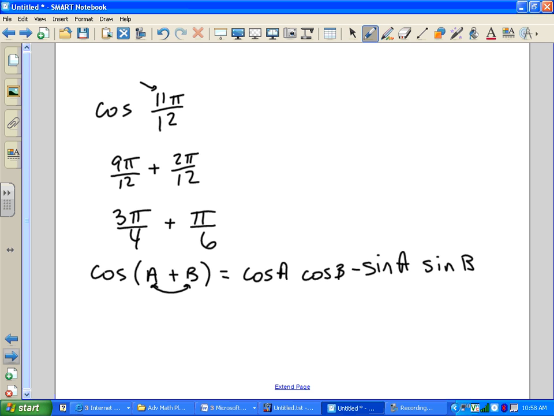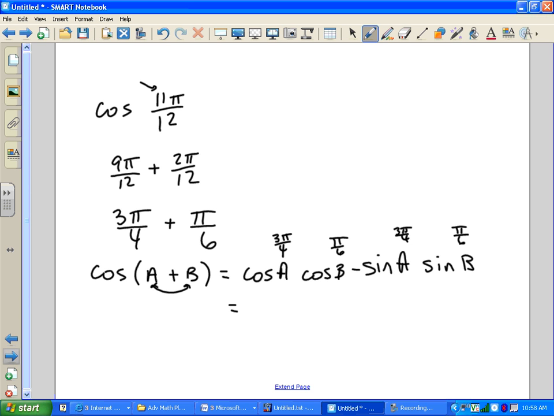And so we said that would be 3 pi over 4 and pi over 6. Which one do you want to be A? The first one? Yeah, it's not going to matter. And if we wanted to, we could have found two angles that subtract to do that too. But I'm going to add first before I would want to subtract. So we're going to let A be 3 pi over 4, and then B is going to be pi over 6.